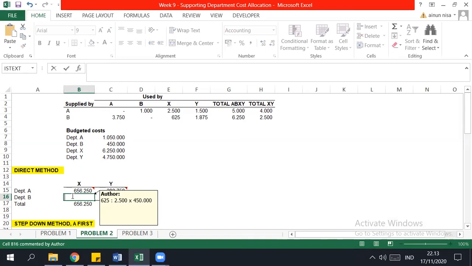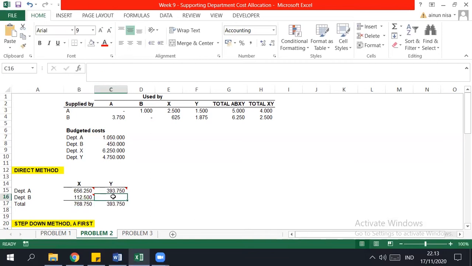While for Department B, to allocate the cost to Department X, first we have to divide the usage by Department X, the 625, by the total usage of Departments X and Y, which is 2,500, and then multiply it by the cost of Department B, which is 450,000.